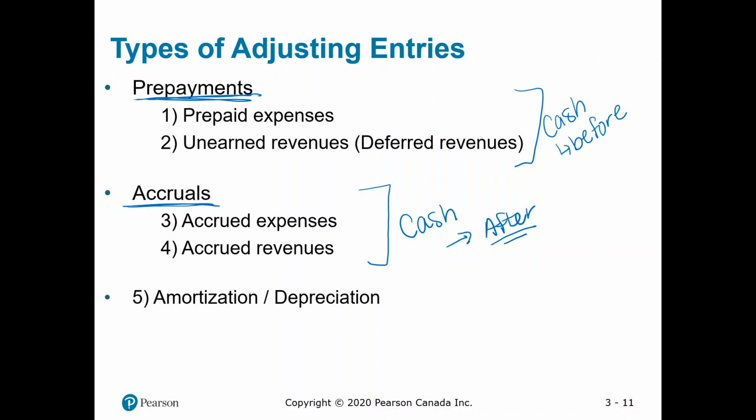So we have this recognition of revenues and expenses, and then the cash is going to either be paid or received after this happens. And amortization or depreciation, this isn't really about cash. It's just the adjustment we do to allocate the cost of PP&E, property, plant, and equipment or capital assets. It's the process of allocating that cost over the expense of their life. So we're going to look at how that is done.